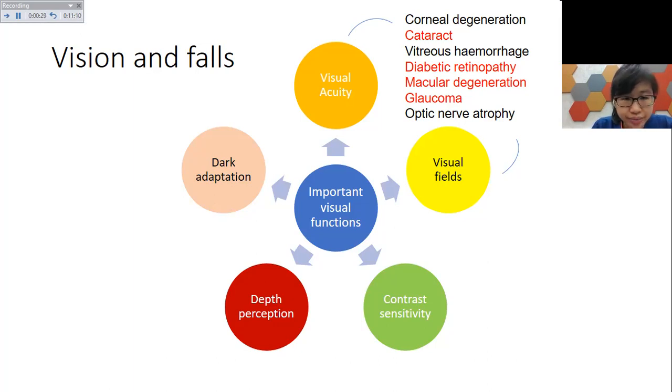In addition, contrast sensitivity and depth perception can also be reduced with age-associated physiological changes, and dark adaptation as well. All in all, if these visual functions are compromised, fall risk will definitely increase.